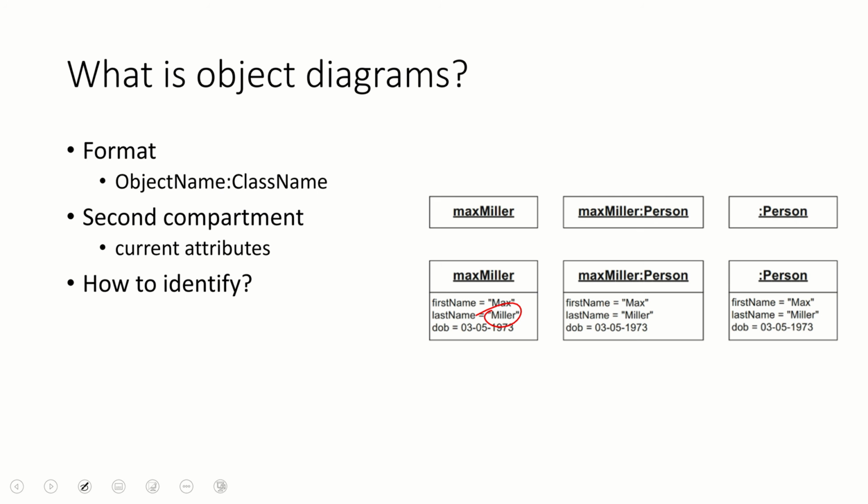If they have the same last name, we can identify with the date of birth. If still the same, we can check one more attribute, probably the living address or a phone number. All those things help you identify different objects.